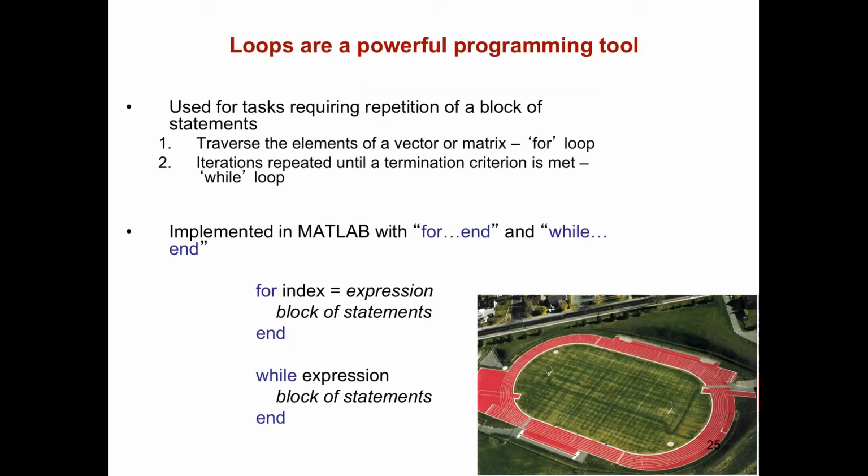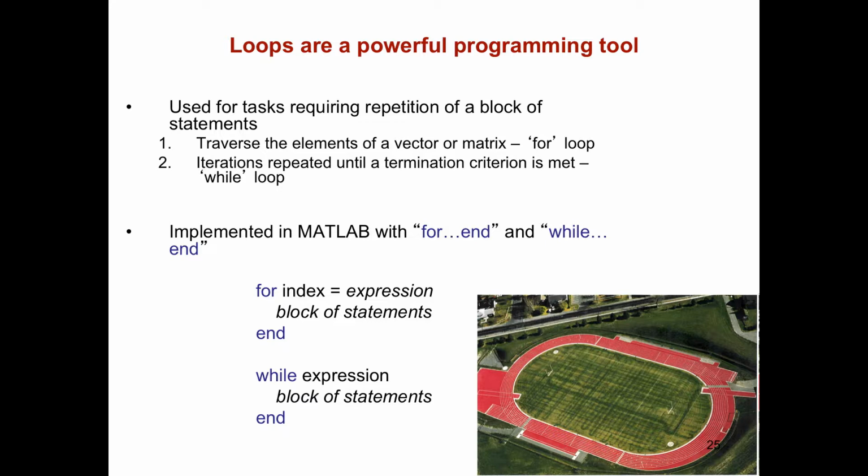Okay? Alright. So we have already introduced a for loop. There's a track where we run in a loop, and we keep repeating the same loop. There's another type of loop called while. For loop is good for those loops where I have some sort of counter.